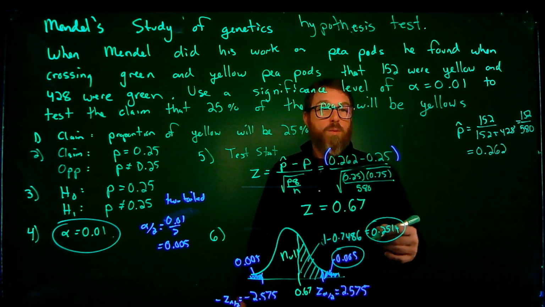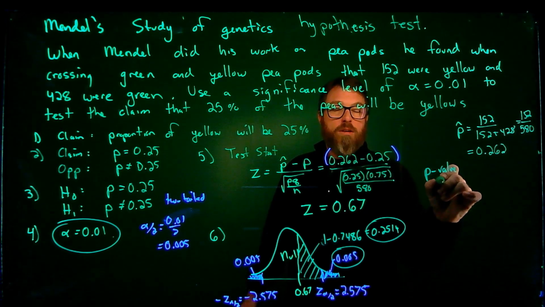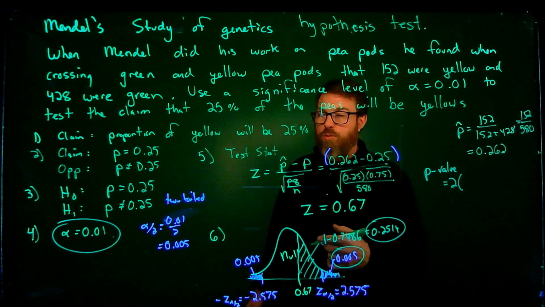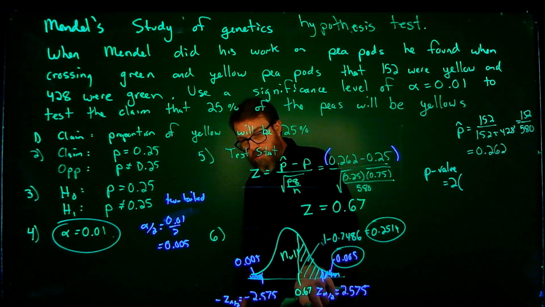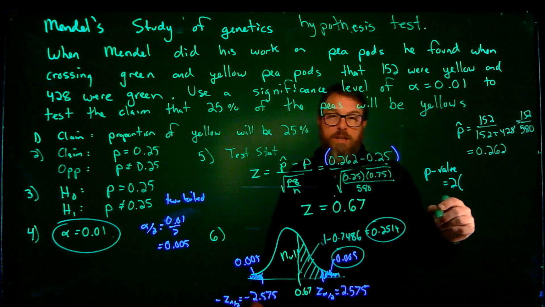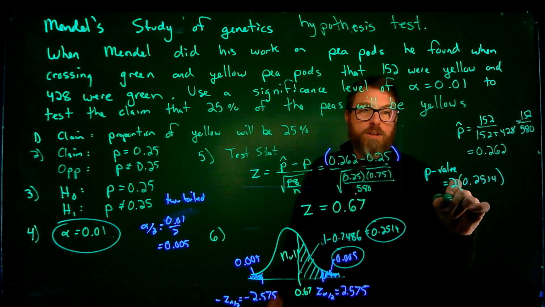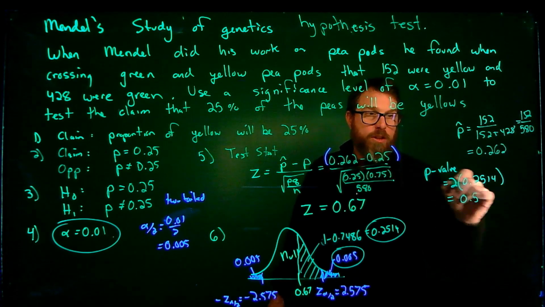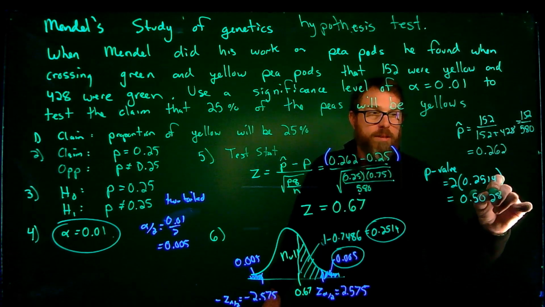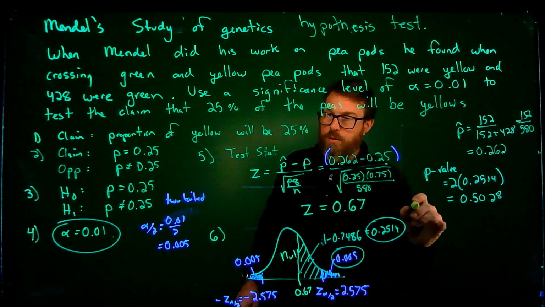So if I want a p-value for a two-tailed test, it is going to be 2 times whatever area that gives. Now, I had to do area to the right because this 0.67 was right of center, so that's why this was 0.2514, that area. So this is going to be equal to 0.5028.